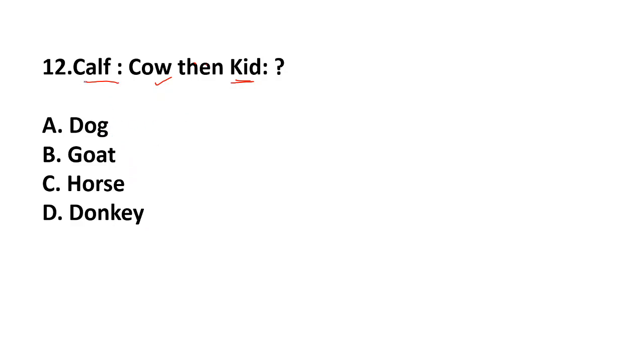Now these you have to learn, the babies of the different animals. Dog is not a kid, so it is goat. The baby of a goat is called a kid. Same combination as given here: calf is the baby of the cow, and kid is the baby of a goat.